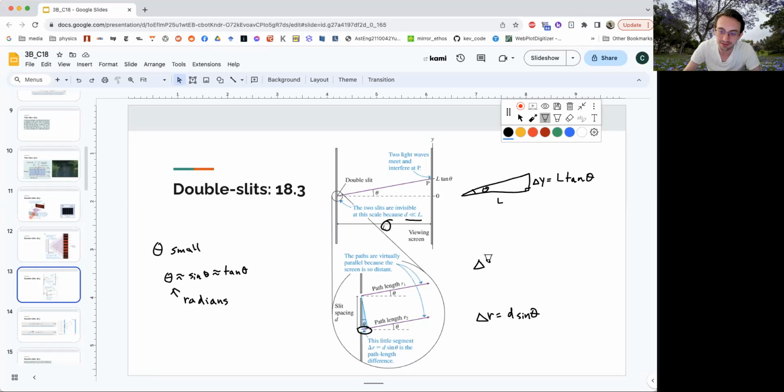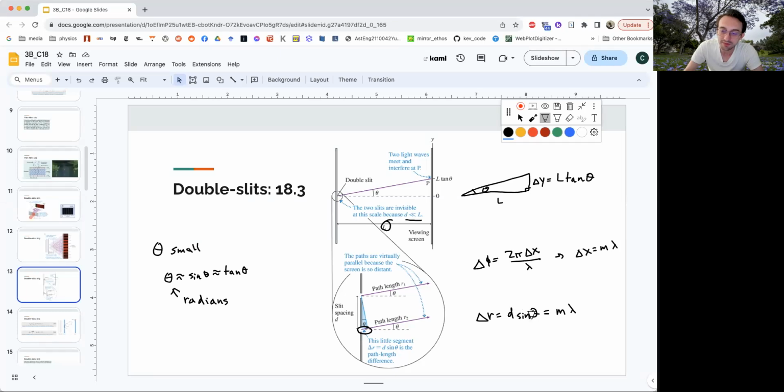If we go back to our delta phi equals 2 pi delta x over lambda, remember this told us that for constructive interference, we want delta x to be some multiple of lambda. So if we want our delta r to cause constructive interference, to cause a bright spot, we can set this path difference delta r equal to some integer times lambda.